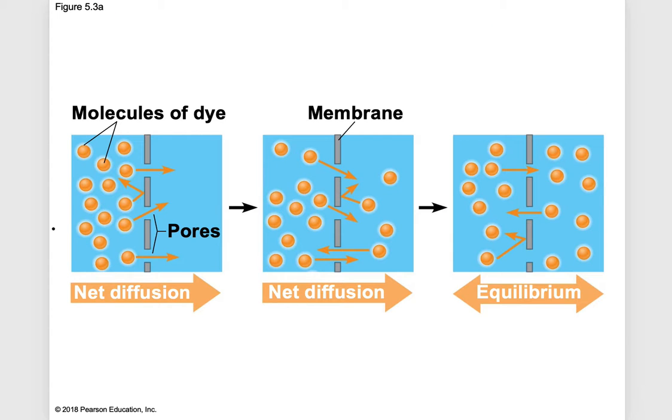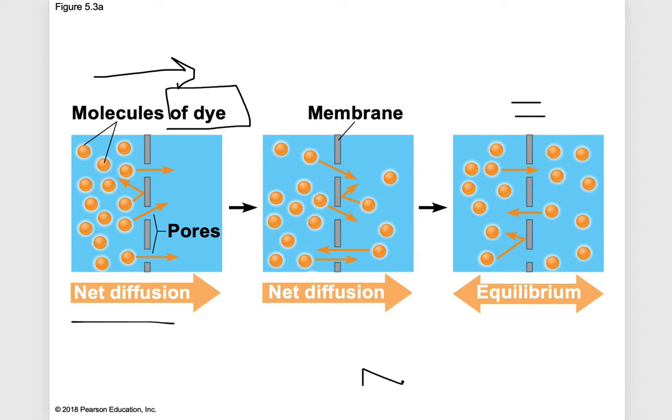For example, for diffusion, we have a high concentration of dye on one side of this permeable membrane, and the other side has no dye. These particles naturally diffuse across from the high concentration to the low concentration until they reach equilibrium.